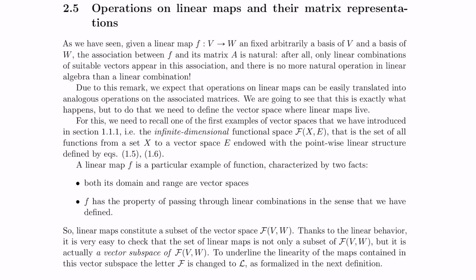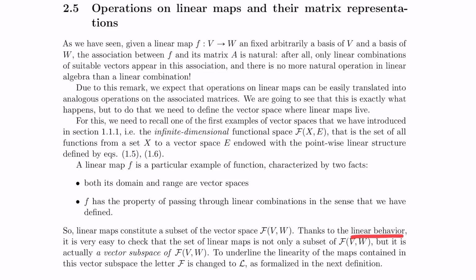In this chapter, we are not interested in generic functions, but in linear maps, which need a vector space for both their domain and range, and they have the property of passing through linear combinations, which is of course something that is not verified by all the functions. And so, the set of linear maps constitutes a particular subset of a functional space.